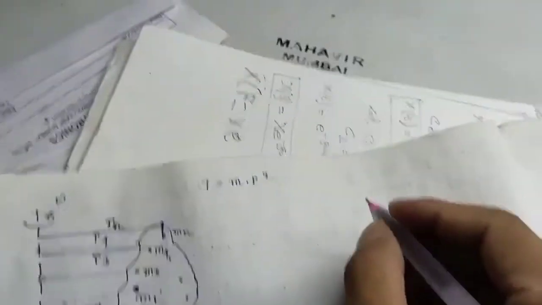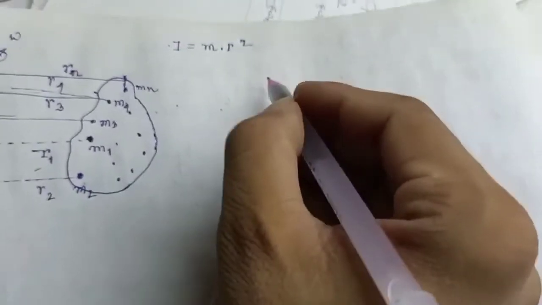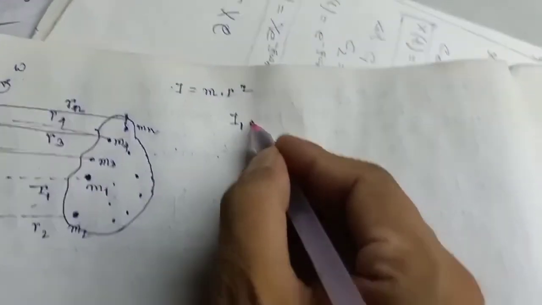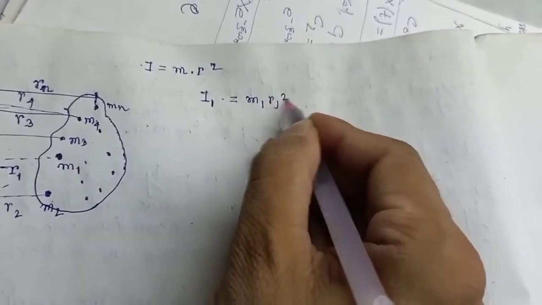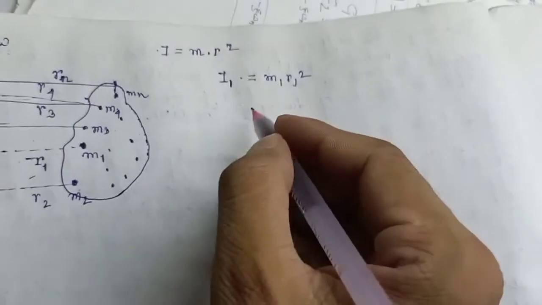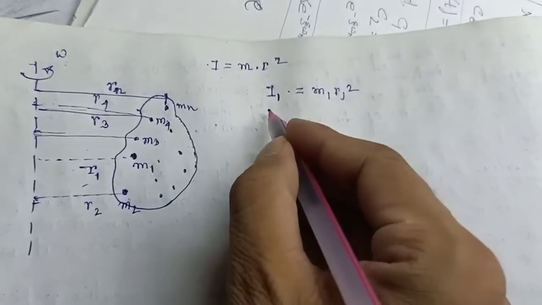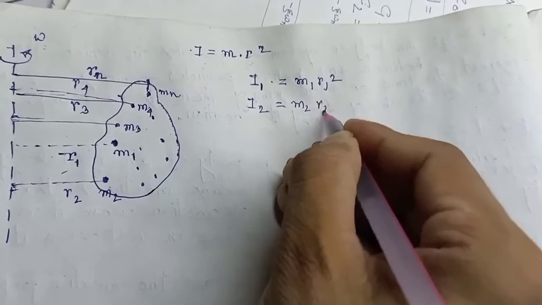Now, as we know, the moment of inertia of the first particle or first point mass is defined as I1. I1, the moment of inertia of the first particle, will be equal to m1 r1 square. The moment of inertia of the second particle is I2, which will be m2 r2 square.